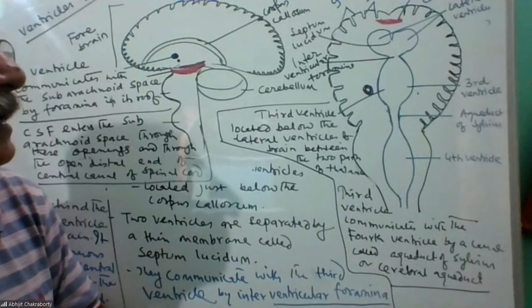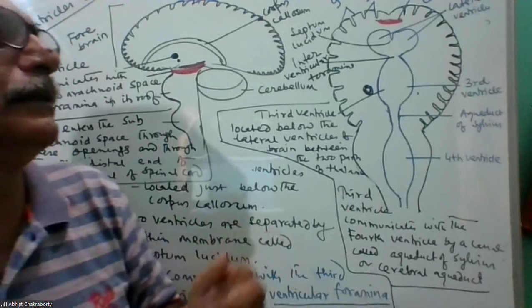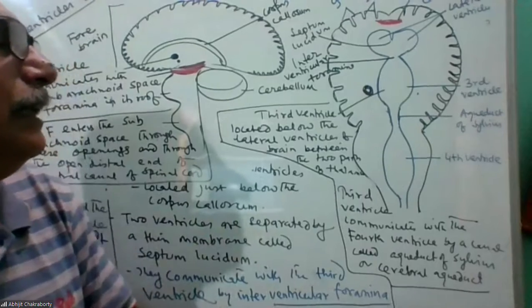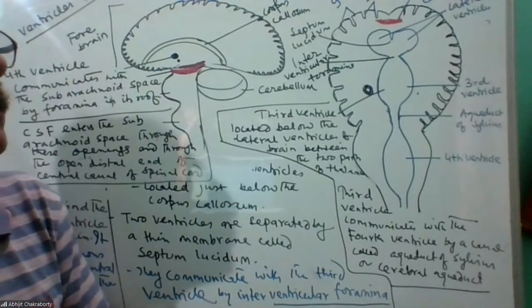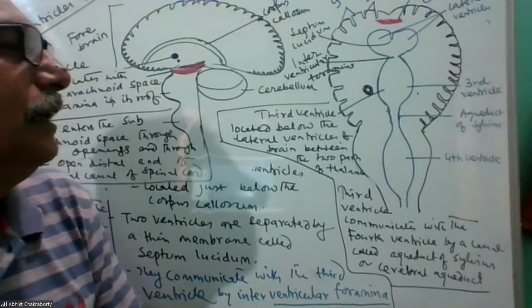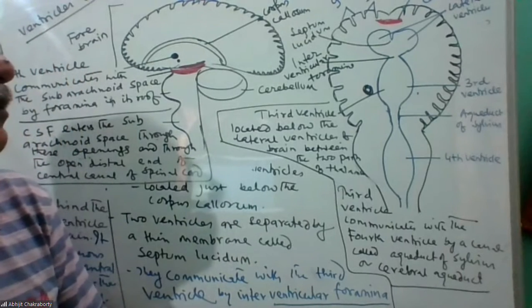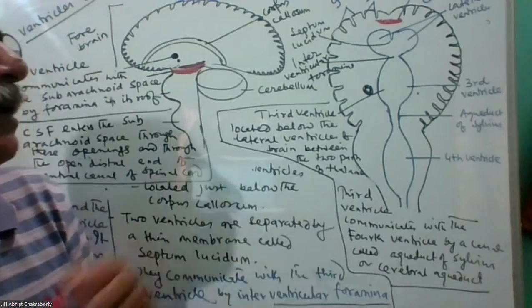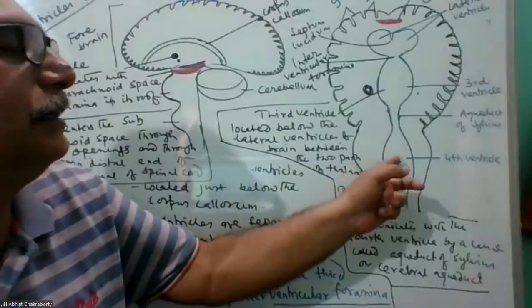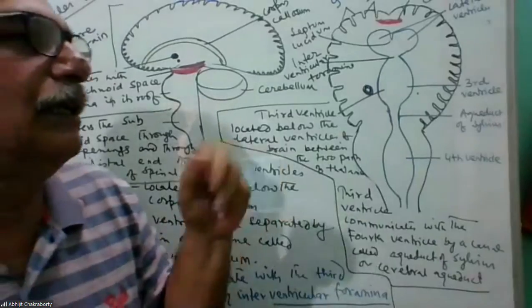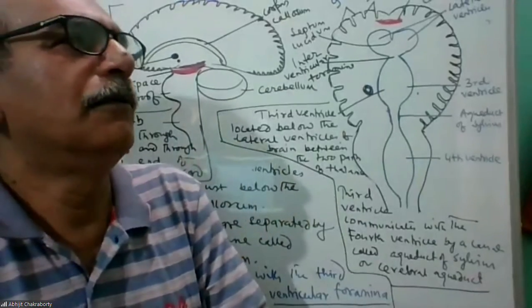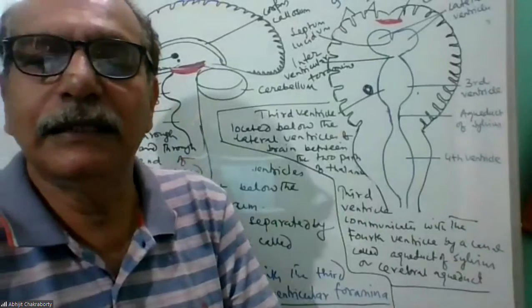Fourth ventricle is found below and behind the third ventricle. And from the fourth ventricle, the CSF is carried to the subarachnoid space through some specific apertures or openings, and also from the central canal. So this is, in short, about the four brain ventricles. Clear?